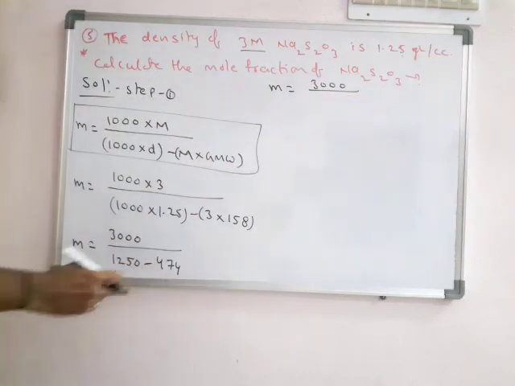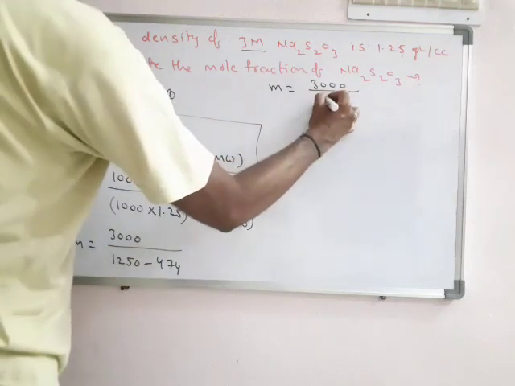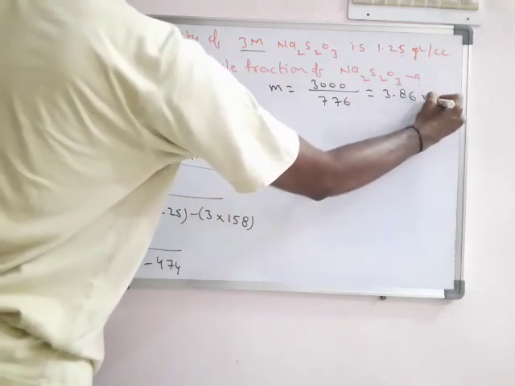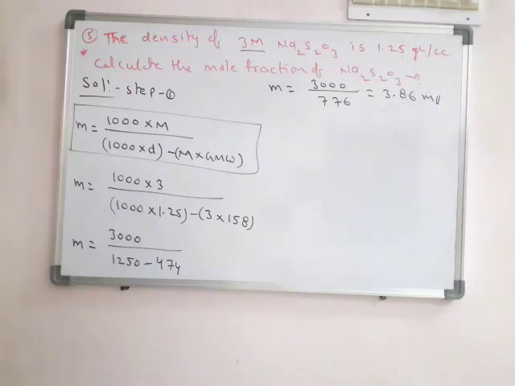So 1250 minus 474 is 776. So finally we will get 3.86 moles per kg. See the molality. So this is not the final answer, it is just molality.